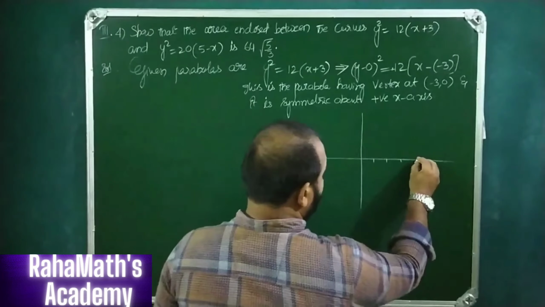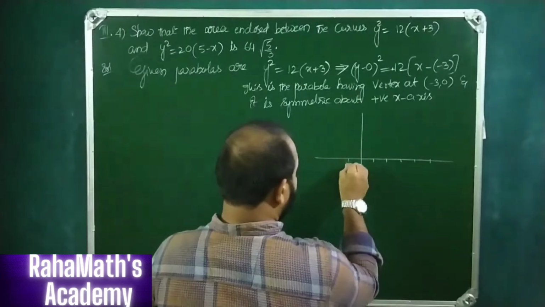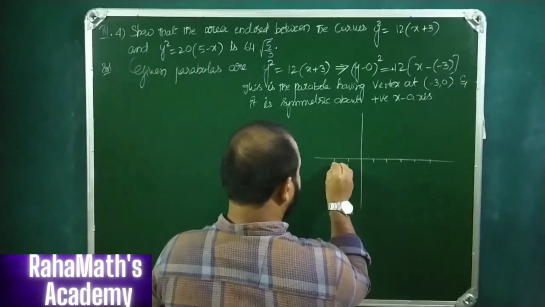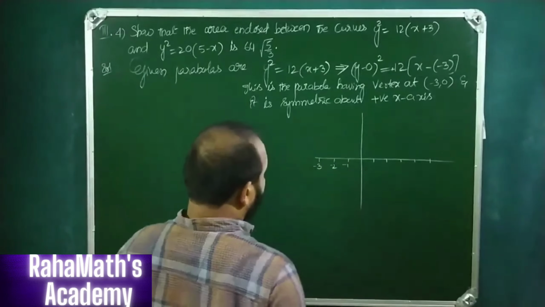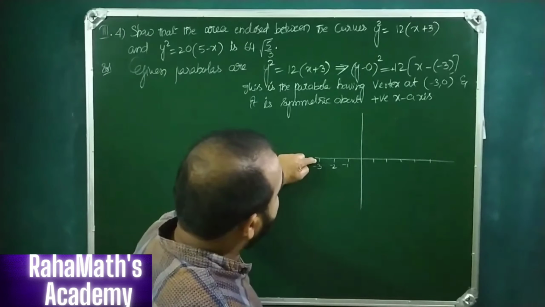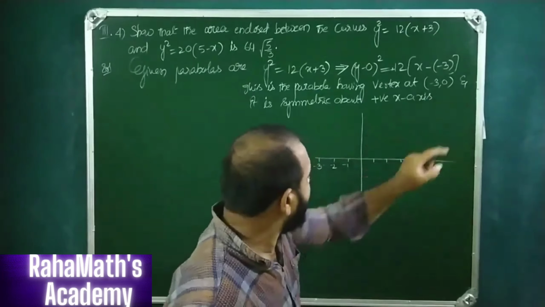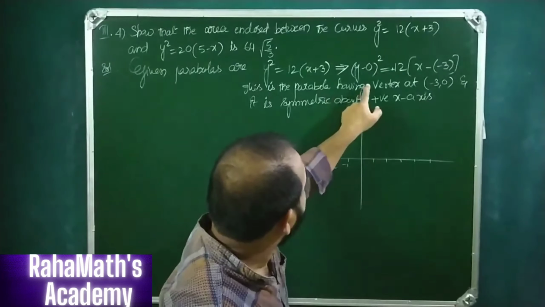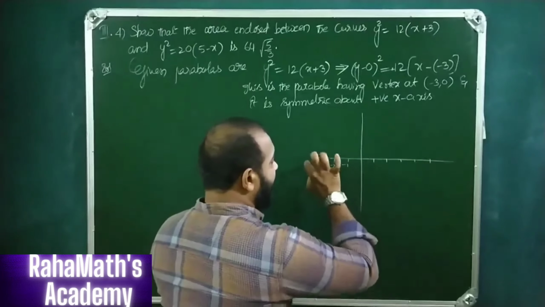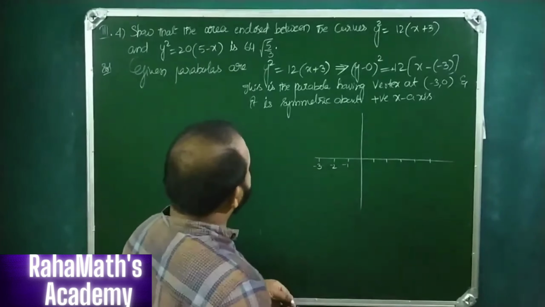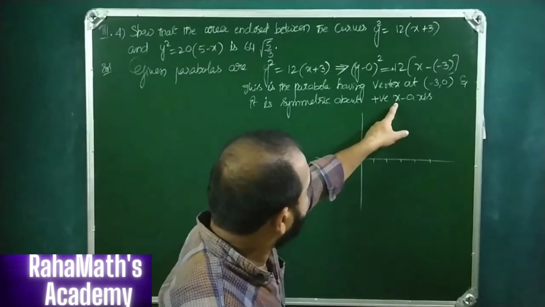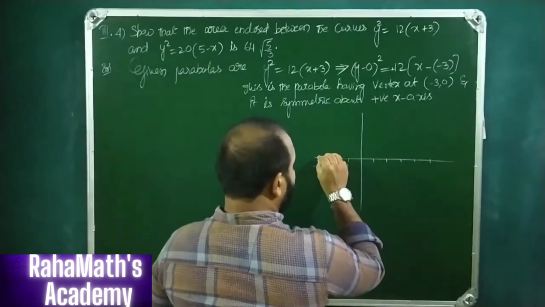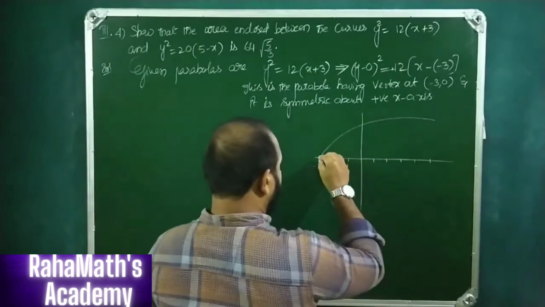Okay, and 4, 5, minus 1, minus 2, minus 3. So based on the vertex minus 3 comma 0, and it is symmetric about x axis. So x axis is acting like a mirror, and it is opening in positive x axis. Therefore, the rough diagram for which is this.